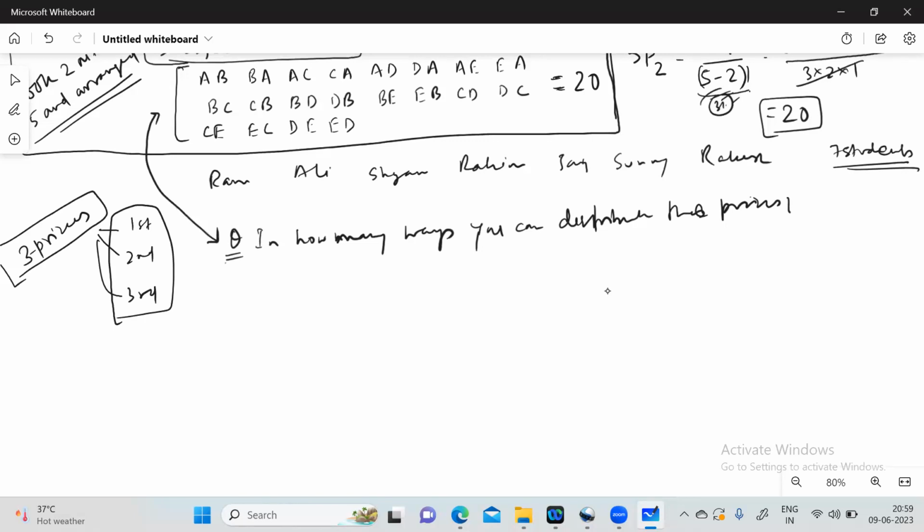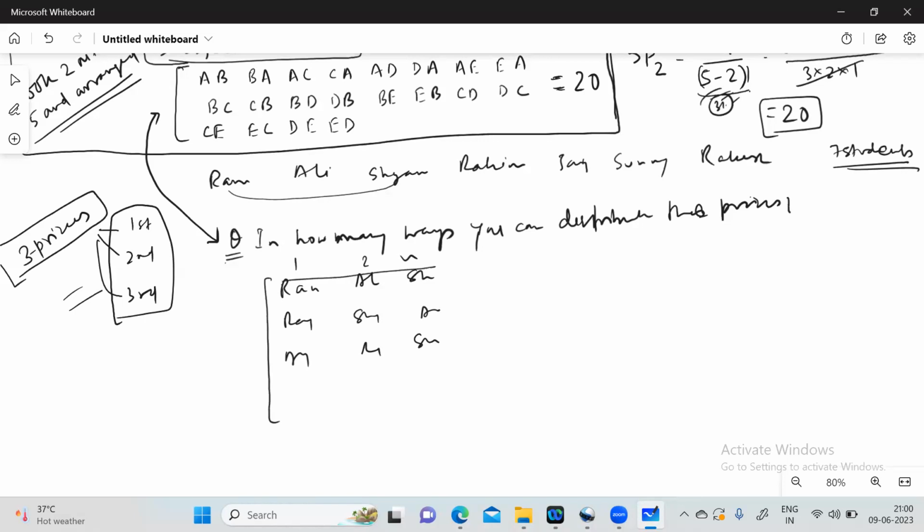These two questions are word by word the same. Even if they are not the same in meaning, they are the same in the structure of the question. If you want to distribute 3 prizes, you'll pick any 3 first, Ram, Ali, and Syam, and you will distribute them as first, second, third, or you could have also done Ram, Syam, and Ali, or Ali, Ram, and Syam. So all the possible arrangements you would have done.